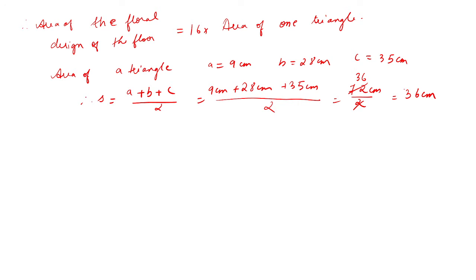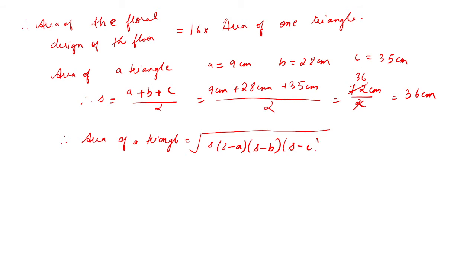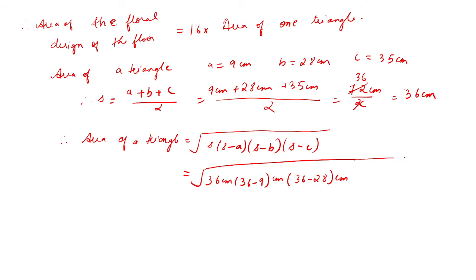Okay, now let us focus. We have this given triangle with s as 36, therefore the area of a triangle using Heron's formula is root of s into (s minus a), (s minus b), and (s minus c). What is s? 36 centimeter. 36 minus 9 centimeter, 36 minus 28 centimeter, and 36 minus 35 centimeter.